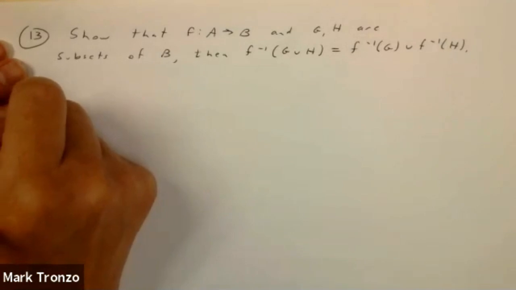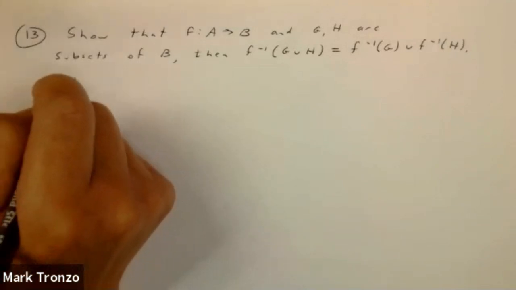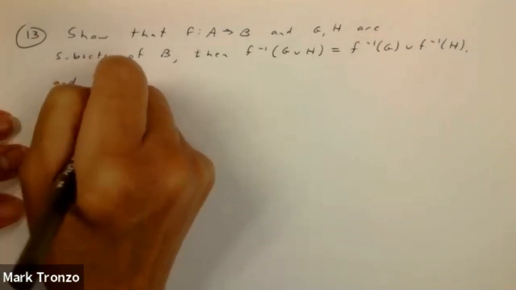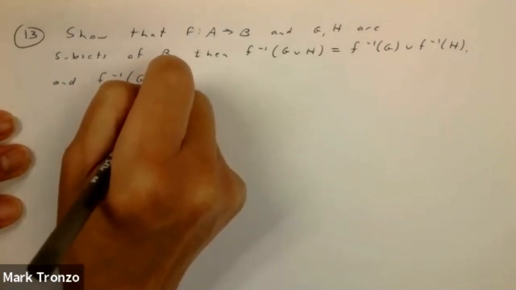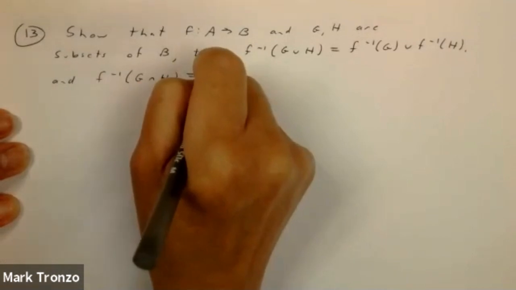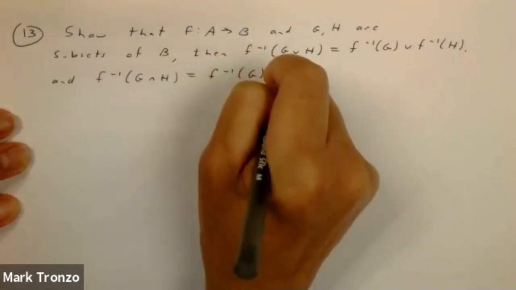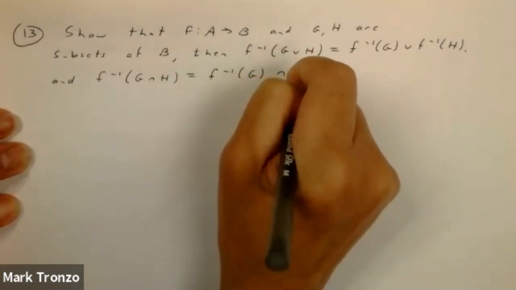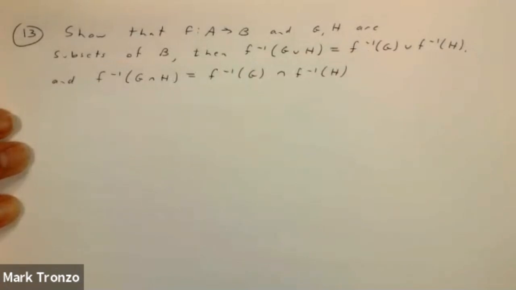And F inverse of G intersection H is equal to F inverse of G intersection F inverse of H, like that.